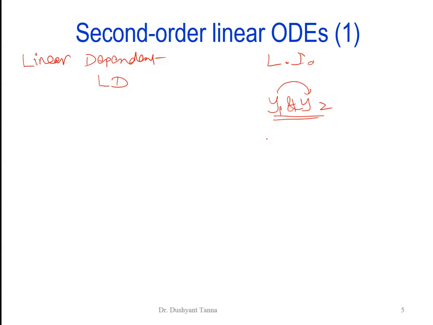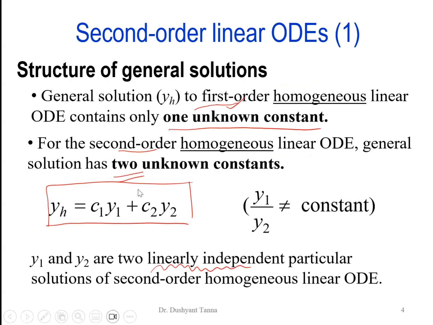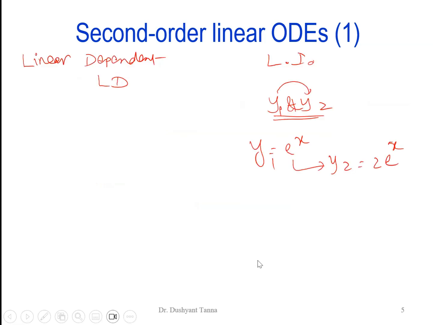So let's say y is equal to e power x is a solution. You don't want the other solution y2 to be 2e power x. Then you are not bringing in the actual c1 y1 plus c2 y2 thing. This y1 and y2 are not simple multiples of one another, and that's why we call it linearly independent. How is it connected with your other stuff?